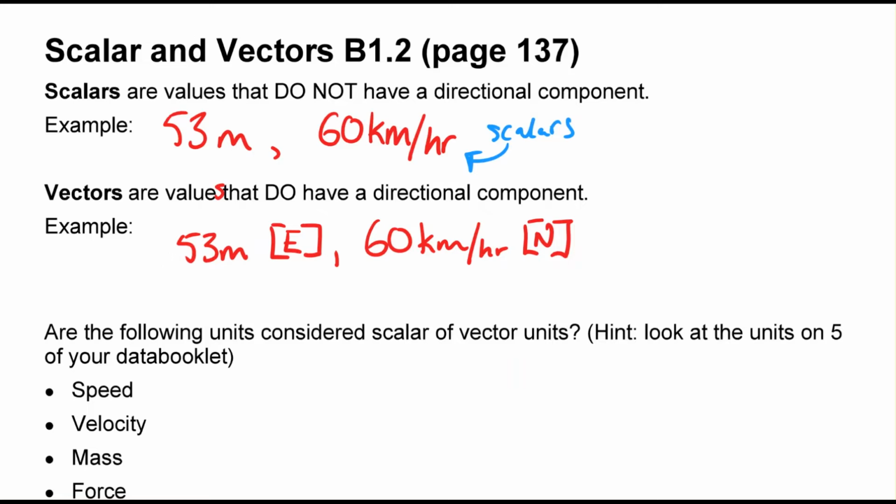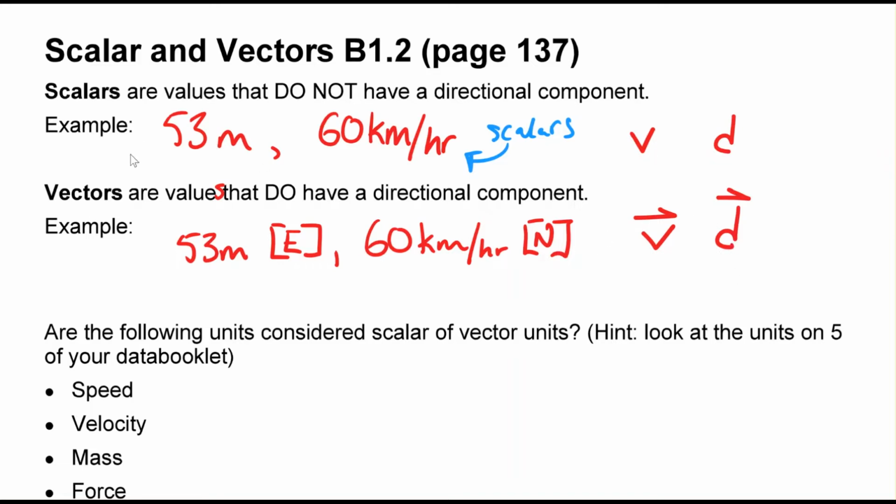What you often see is that vectors are written as a letter with an arrow above it, where scalars aren't. One of these two things means velocity, and one means speed. One of these means distance, and one means displacement.